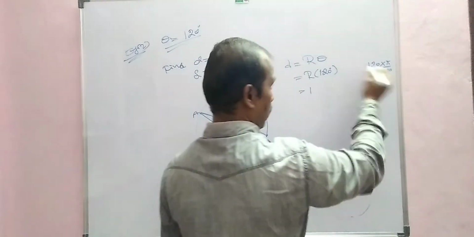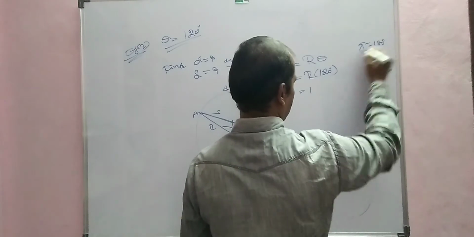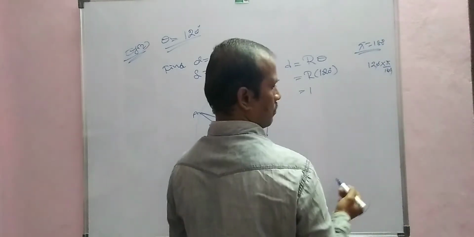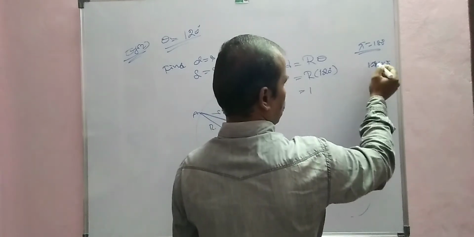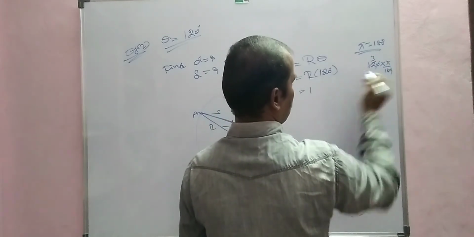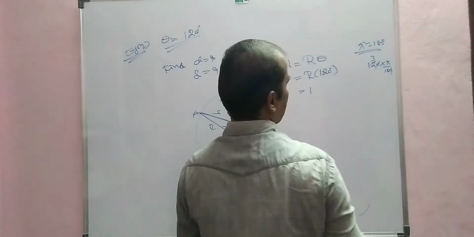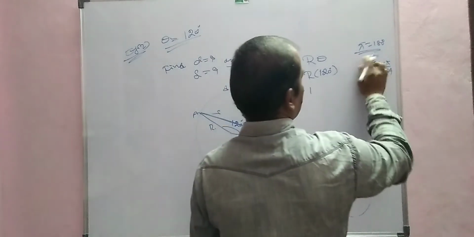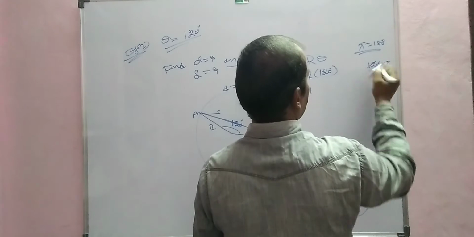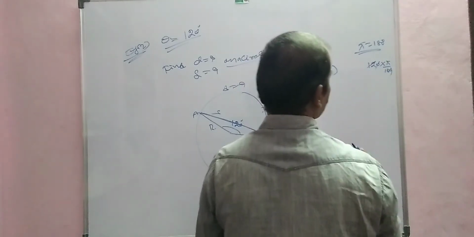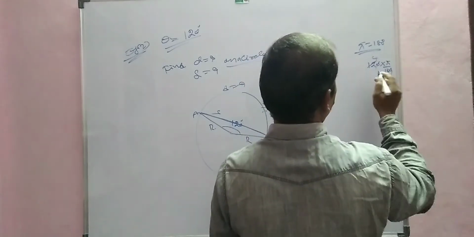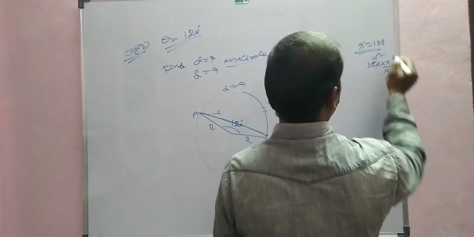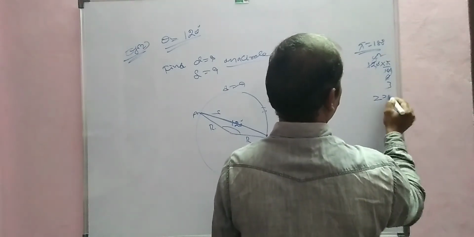Here pi is equal to 180 degrees. Cancelling the zeros, 120 by 180 simplifies to 2 by 3. So theta is equal to 2 pi by 3.